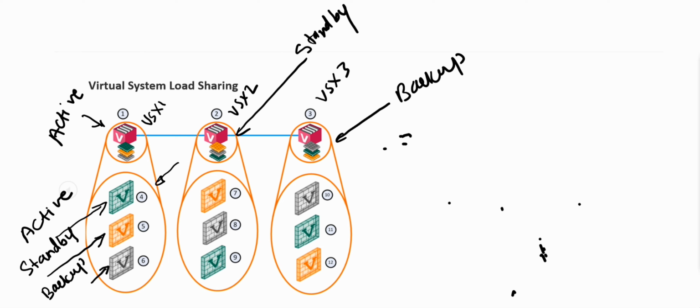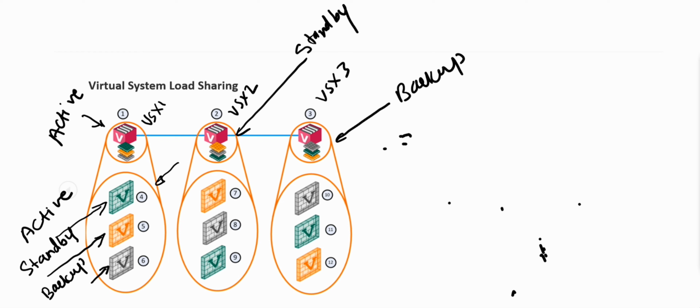Likewise, in VSX 3, you will have the same scenario, one active, one standby, one backup. I will tell you why this sort of arrangement is needed, but for now just understand this is the situation that will occur when you configure virtual system load sharing. We will simplify this.